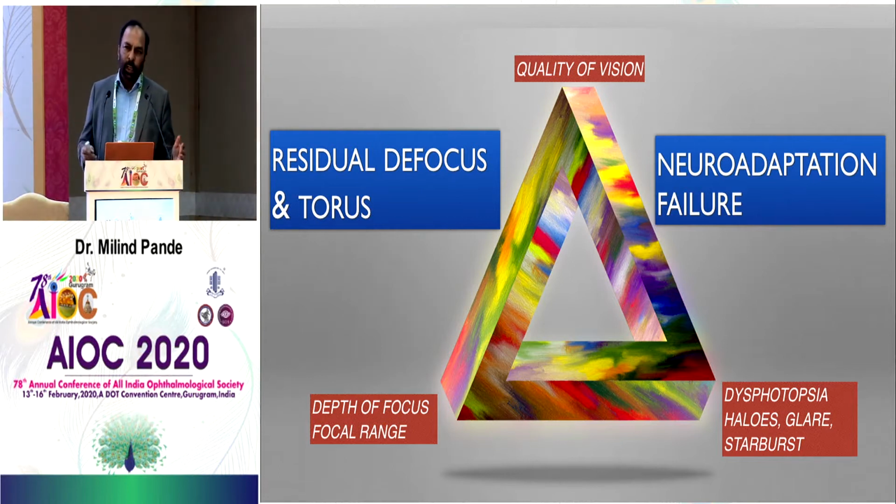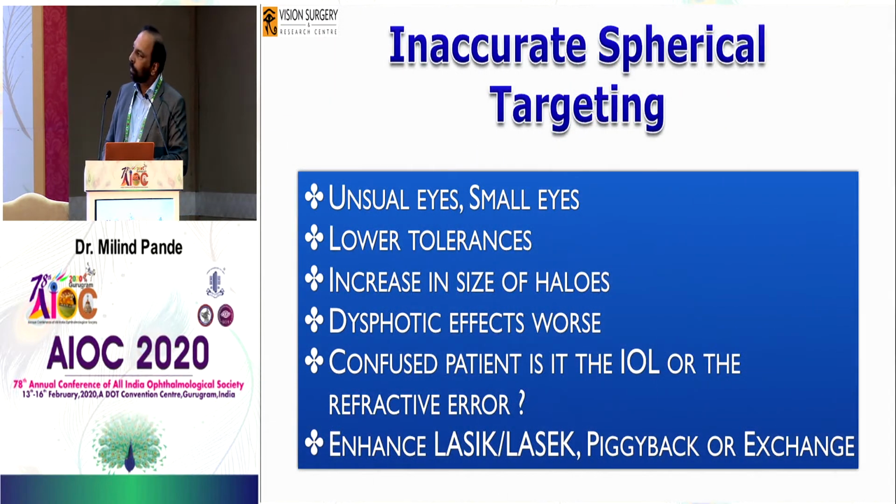And hence, we tend to get two particular types of patients who are unhappy. You get patients with residual defocus and torus or refractive surprises, and you get patients who are neuroadaptation failures because they don't adapt well to the halos and glare that come with a lot of these.